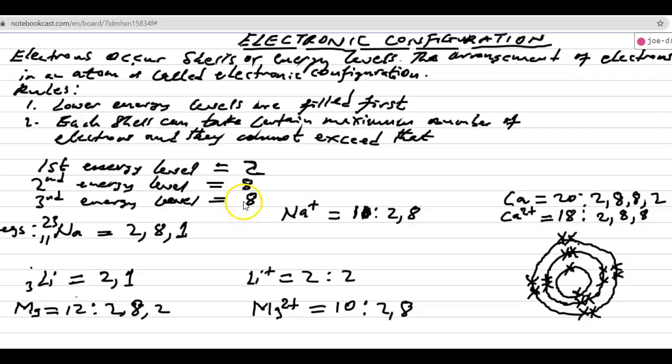At this stage, we are looking at the first 20 elements in the periodic table, and so most often we will have 3 or 4 shells. With that, let's look at an example.